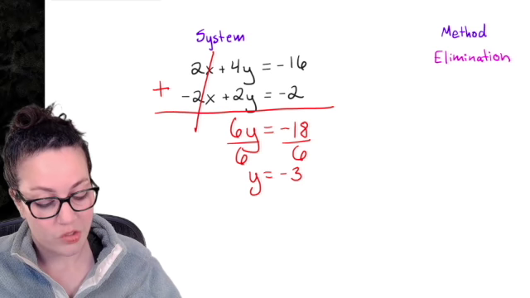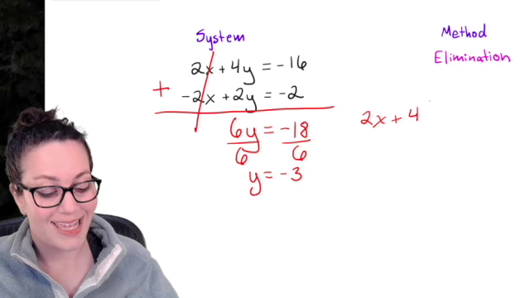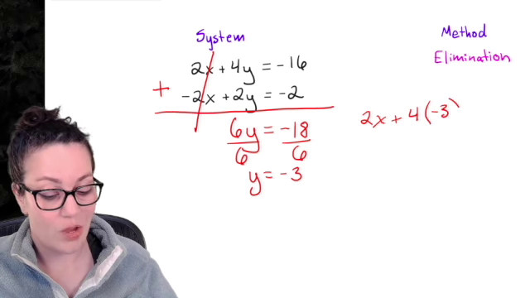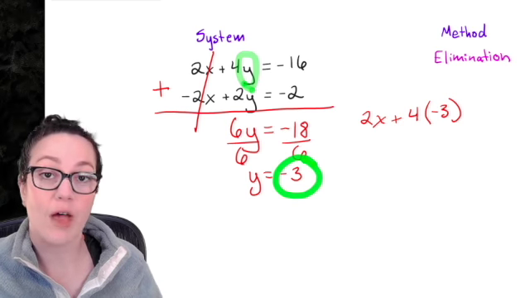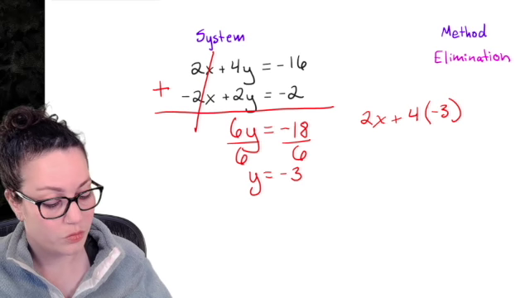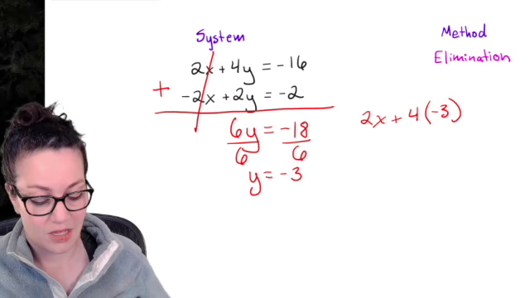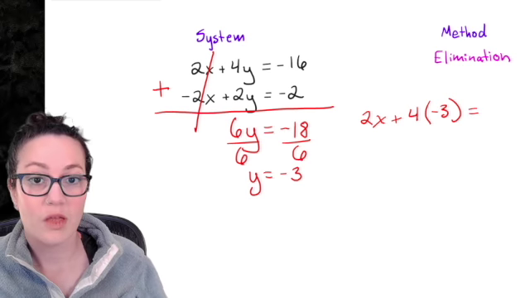So I'll say 2x plus 4 times negative 3, because now I'm replacing this y with the value that I found for y. And that should all equal negative 16.